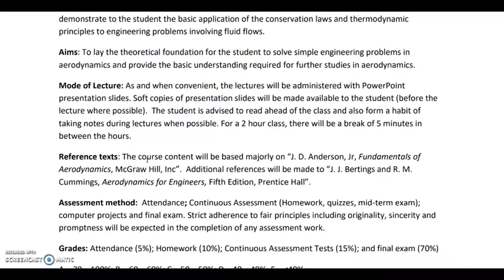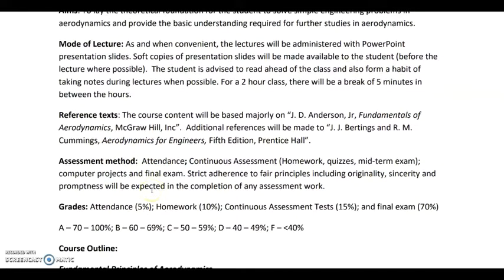majorly the Fundamentals of Aerodynamics by John D. Anderson. Additional references will also be made to Aerodynamics for Engineers by Bertin and Cummings. The assessment method will be based on attendance, continuous assessment work, computer projects when possible, and also the final exam.